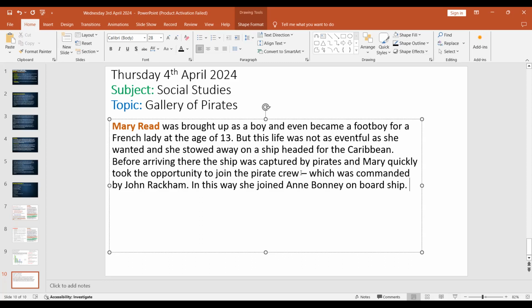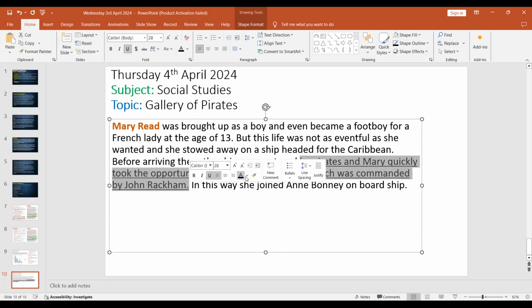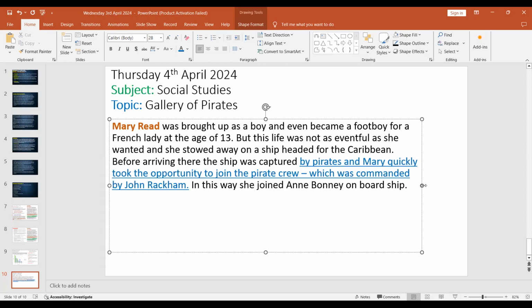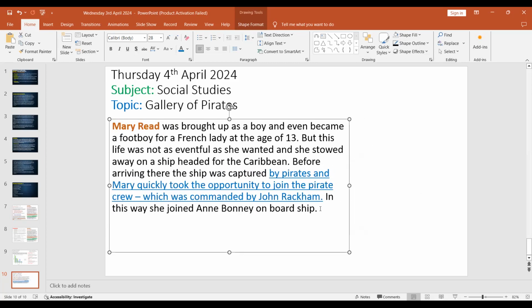She was definitely an anomaly, because most females would definitely not choose this path as a viable option. So she joined John Rackham in her hunt for adventure and danger and fun and fighting and all those things that come along with the pirate life.